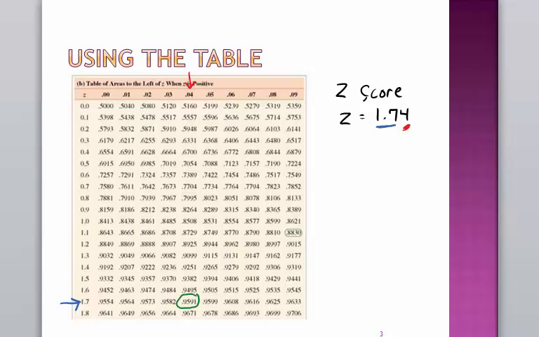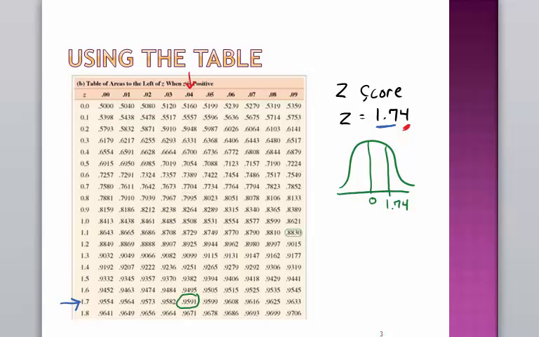So in other words, if you have a normal curve, remember that 0 is the mean and it always sits in the middle. Positive z-scores will fall to the right, negative z-scores will fall back to the left. So 1.74 is going to sit here.